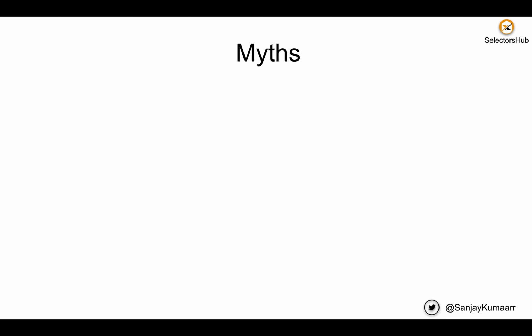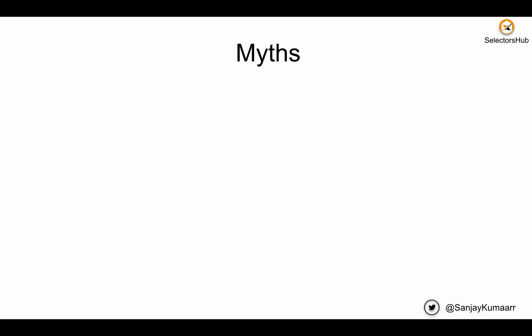Here are some of the myths. We all think that we should write our own XPath and CSS selector. That's absolutely correct. But after that, we forgot where we are writing those, because of course we don't write in Notepad or in a smart editor like IntelliJ or Eclipse.